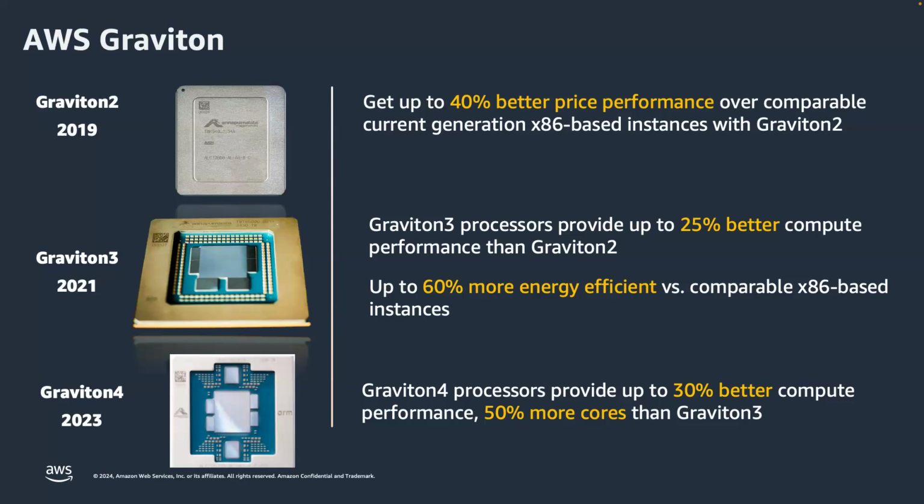If you are making use of the Singapore region, Graviton 2 and 3 are already available there. In the newly launched Malaysia region, we have it as well. And in our upcoming Thailand region, it will also be available. So Graviton processors are going to be available in most of our regions.